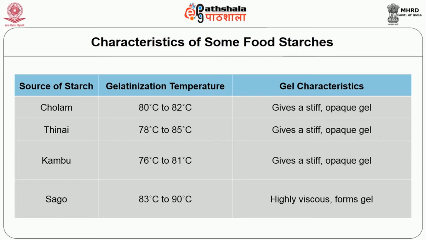Thinai when gelatinized at 78 degrees Celsius to 85 degrees Celsius gives a stiff opaque gel. Kambu when gelatinized at 76 degrees Celsius to 81 degrees Celsius gives a stiff opaque gel. Sago when gelatinized at 83 degrees Celsius to 90 degrees Celsius is highly viscous and forms a gel.